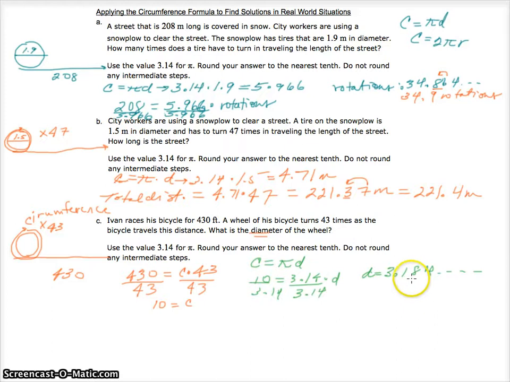It says round to the nearest tenth, so I'm going to use the 8 to do it. The 8 rounds it up, so my diameter of the bike wheel is 3.2 feet.